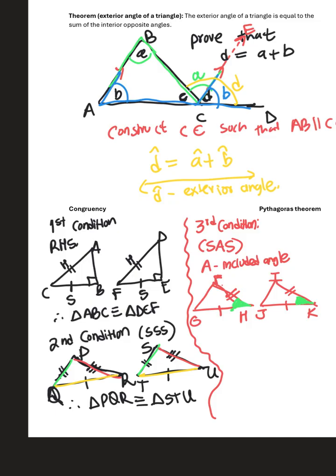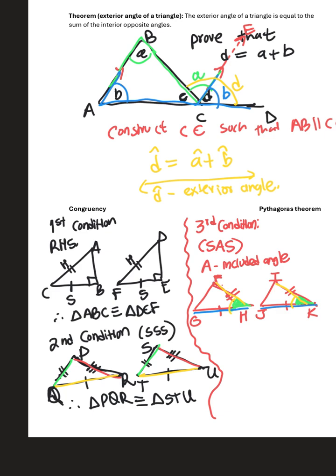If this side equals this side, and this side equals this side, and both form this green angle, then they form an included angle in both triangles, and those triangles will be congruent according to condition number 3.